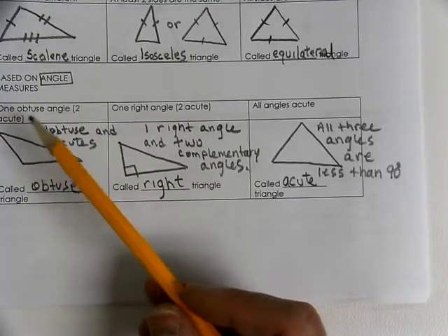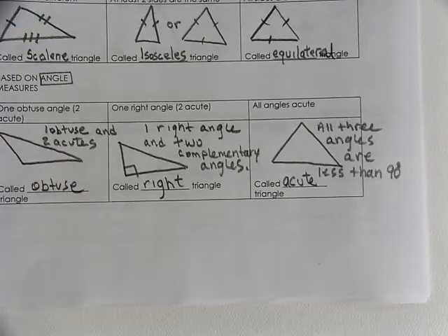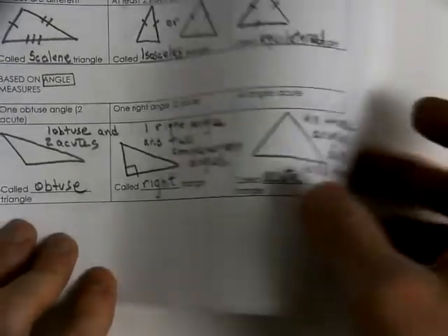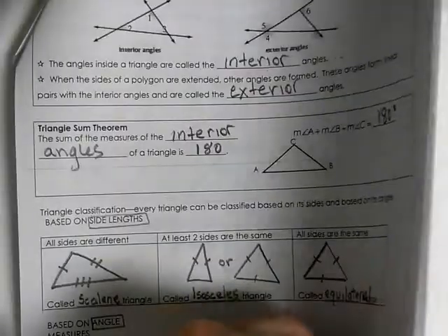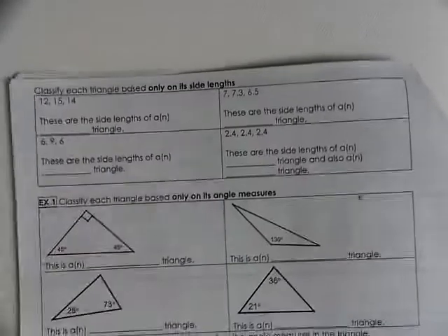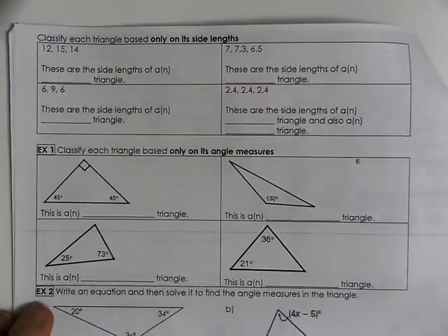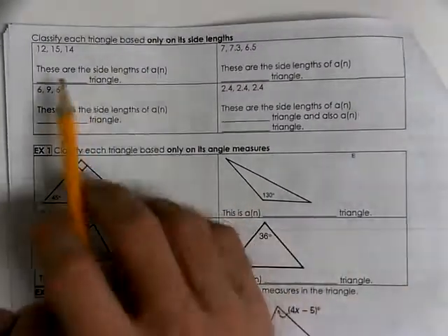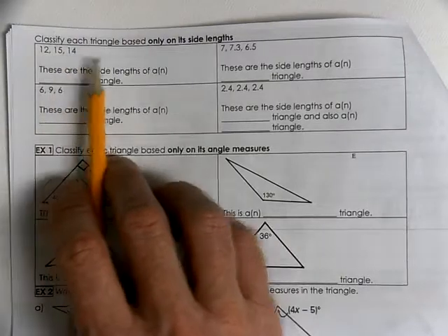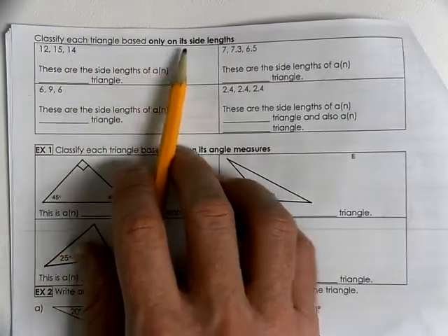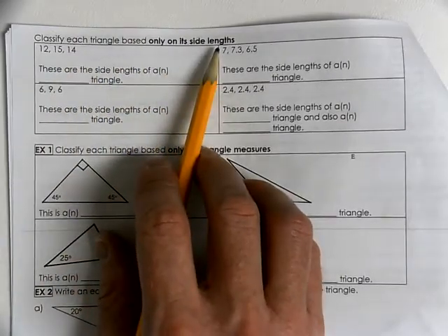Sometimes we could name a triangle based off of both of those categories. So here we're going to try these. We're going to classify each triangle based on the side lengths.